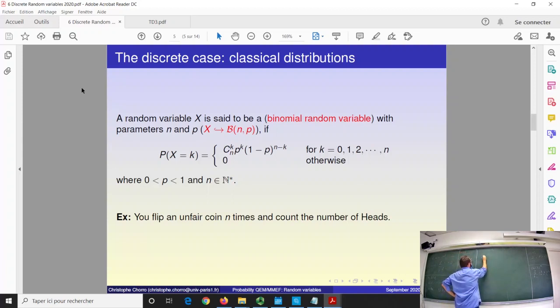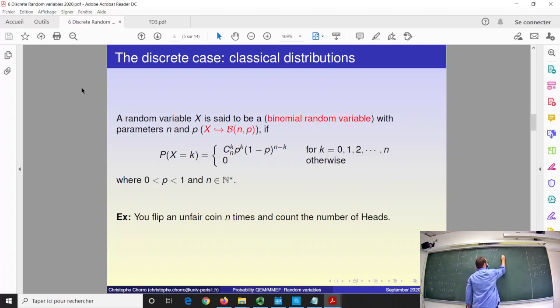So when x follows a binomial of parameter n and p, by definition, the expectation of x, that is just a finite sum, is the sum from k equal to 0 to n of the possible values k equals 0, 1, 2, and so on.